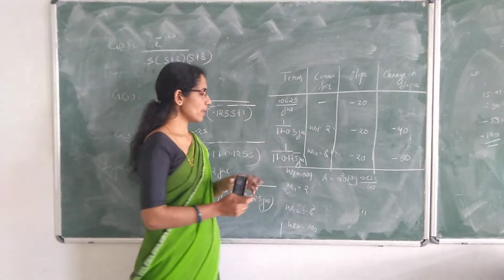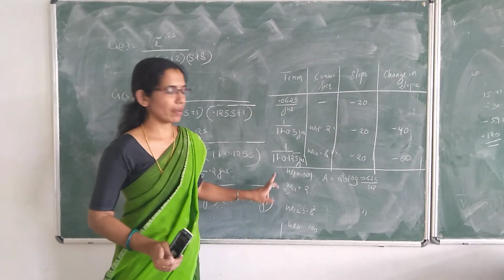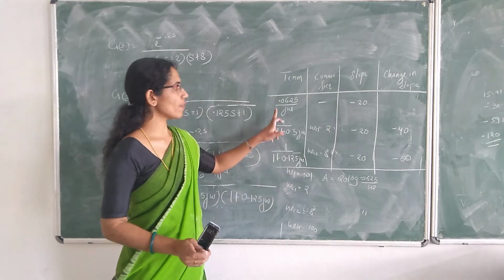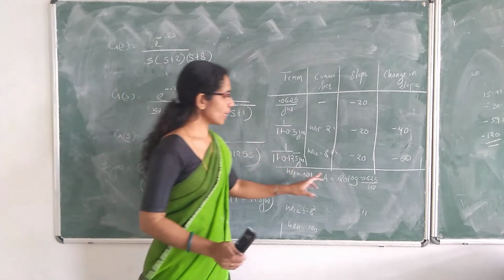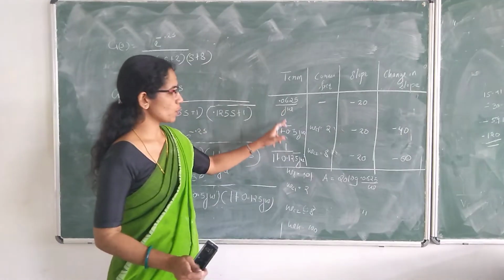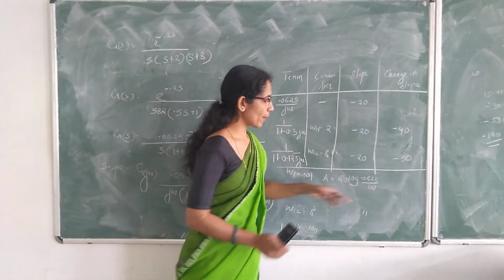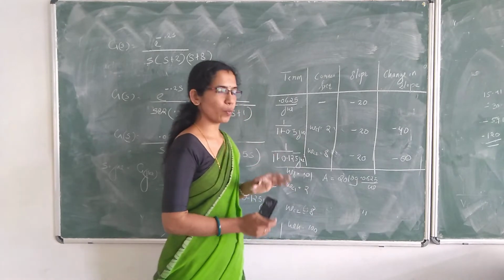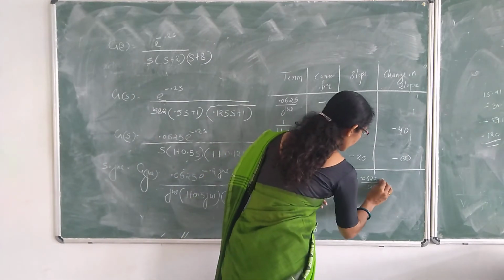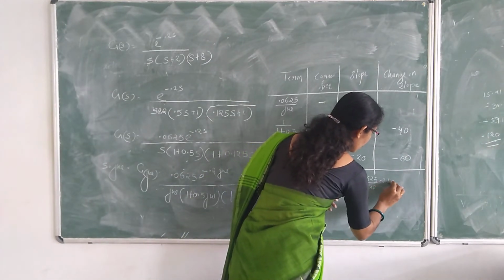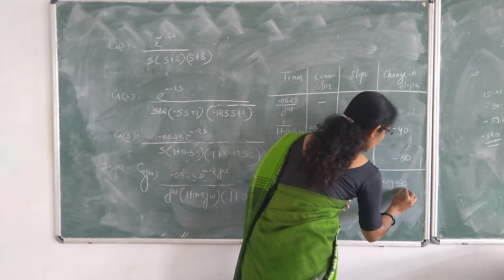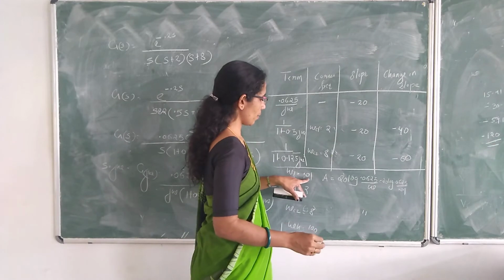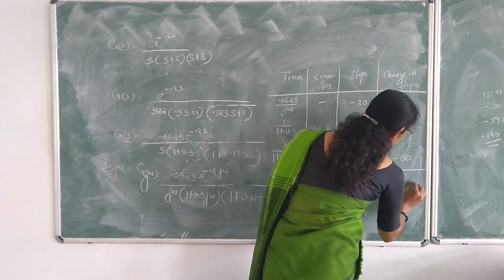For the first frequency, corresponding to the first term magnitude, it is 20 log 0.0625 by omega. Here omega becomes 0.01. That is 20 log 0.0625 by 0.01.